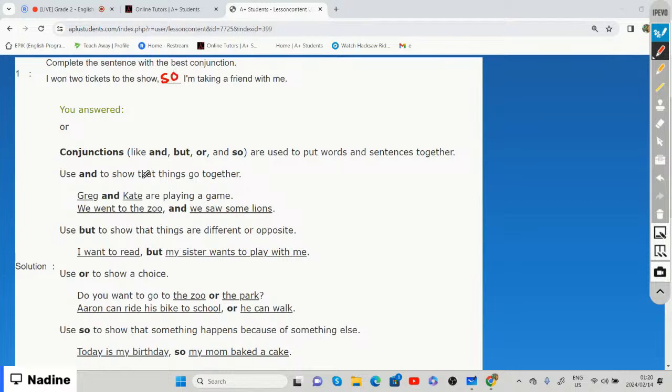And if we use the word so, then so is to show that something happens because of something else. So I won 2 tickets to the show, so I'm taking my friend with me. And that is to show that something happens because of something else. So I'm taking my friend with me because I won 2 tickets to the show.